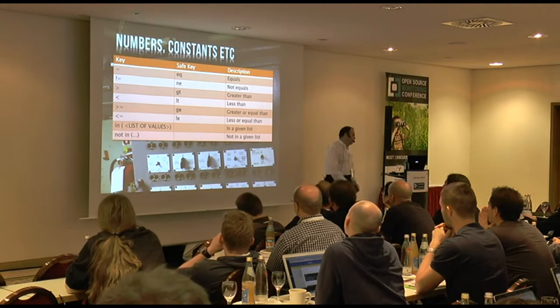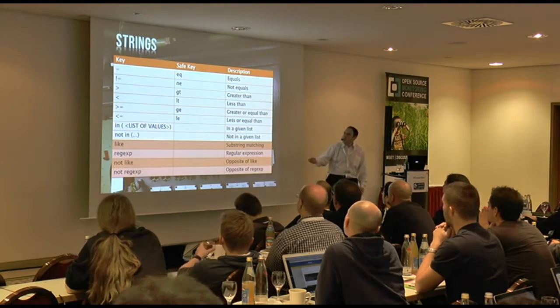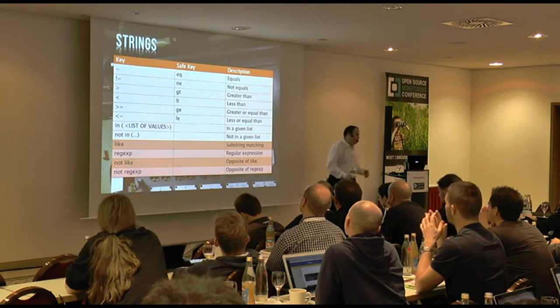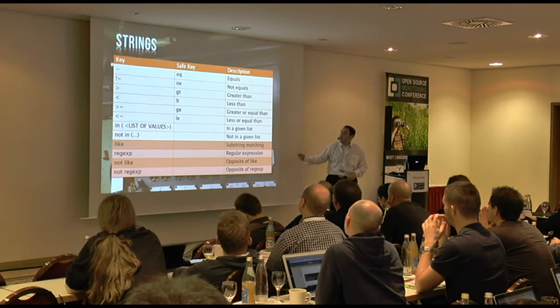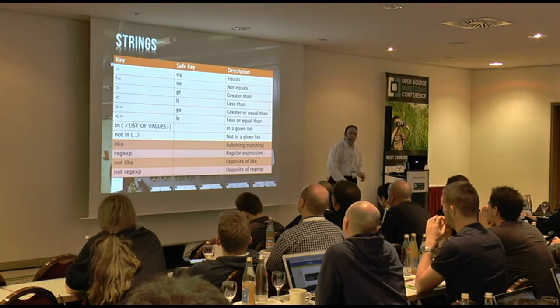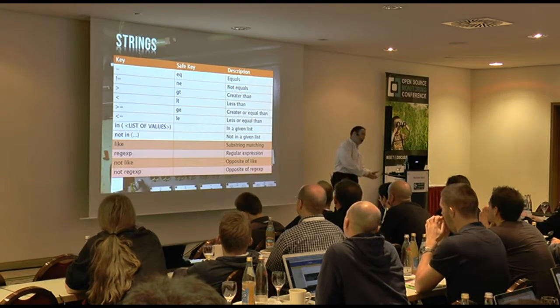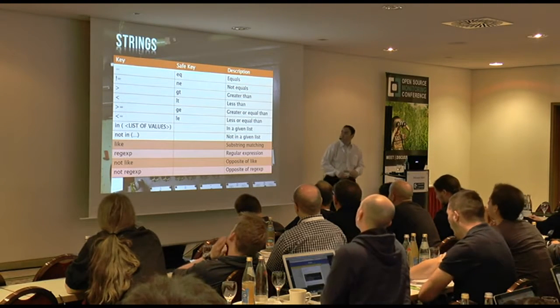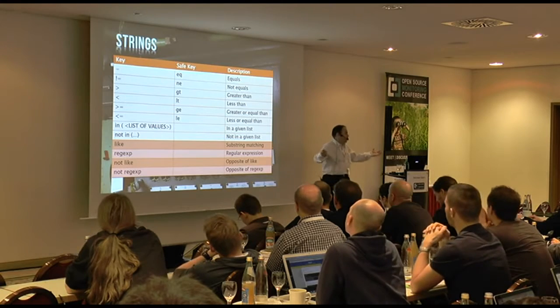If we look at strings, we get a couple more. Don't really know why greater than and less than make sense for strings, but it's there if you want to go that route. But we also have like and regexp, which is regex matching and substring matching, which is quite useful if you want to do string comparisons. So you can do quite a lot of things with this.